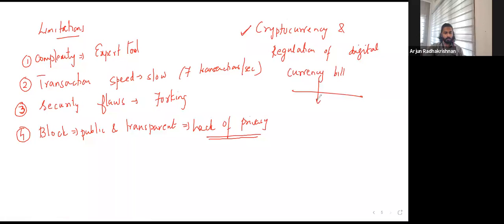We have introduced the Cryptocurrency and Regulation of Official Digital Currency Bill, where the government is planning to ban cryptocurrencies.